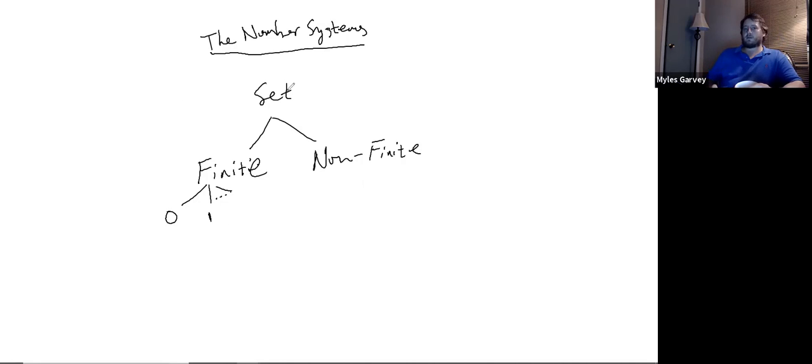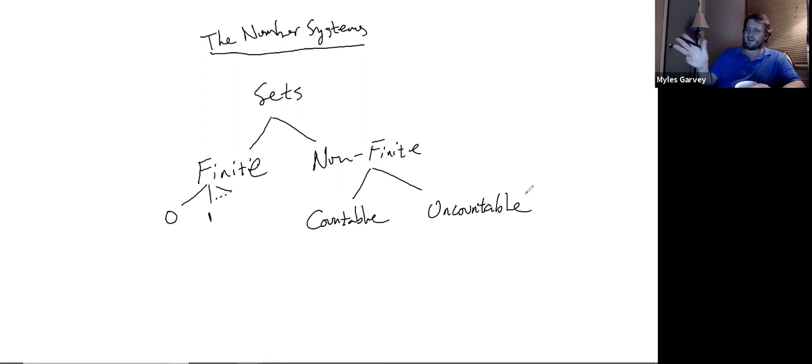So here, in terms of different sets, they're finite or non-finite, and as we mentioned, there's really two different types of non-finite. There's countable, and then there's uncountable, and then there's even more types in the uncountable. That's a little outside the realm of our discussion here, so we'll just leave it as this nice categorization.